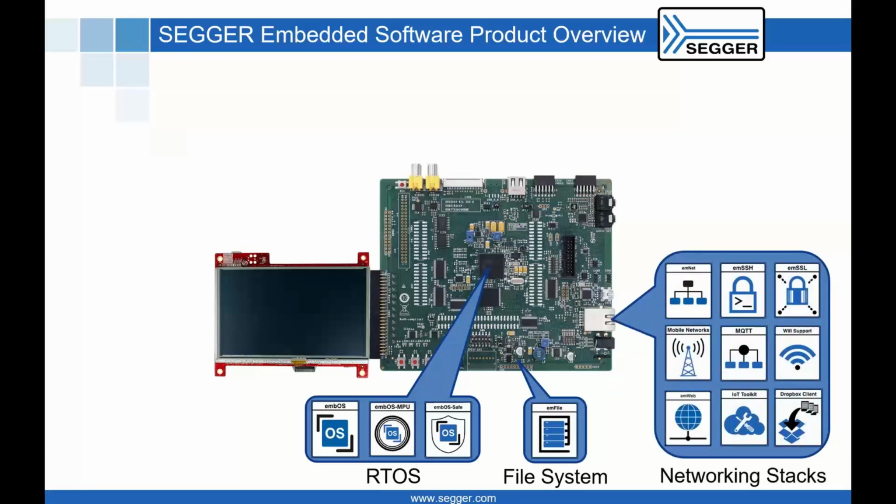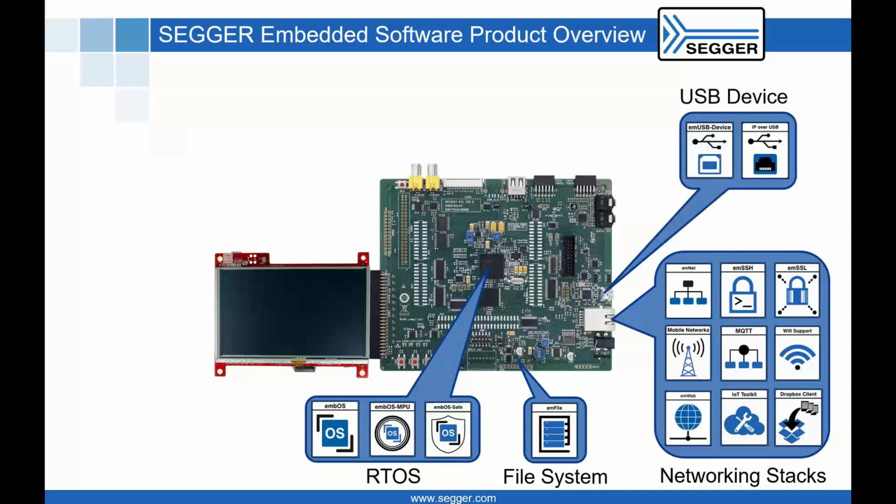We offer all kinds of stacks and utilities and libraries that are required for networking. Obviously, these days where a lot of IoT devices are out there and need to be connected, we offer all that connectivity. We have USB device and USB host stacks. That's also, of course, still very important.